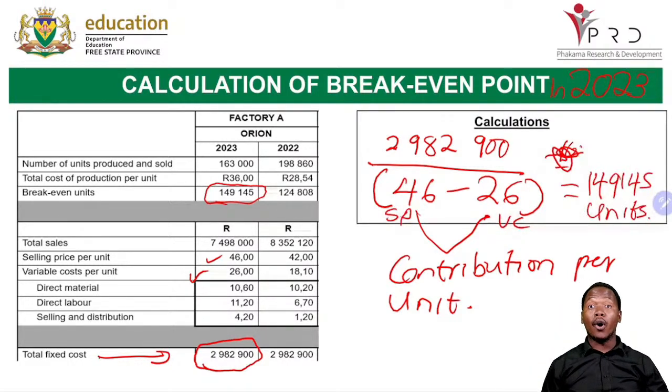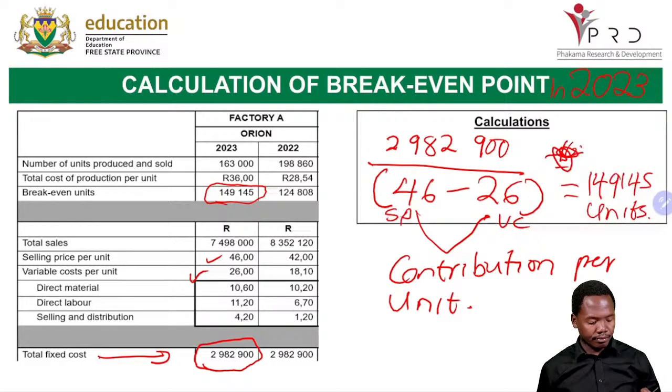Okay, I hope we all got that one correct. This is the basic calculation. What am I trying to remind you here? I'm trying to remind you that the break-even point calculation may be part of your paper 2. The formula for break-even point is there at the back of your formula sheet.